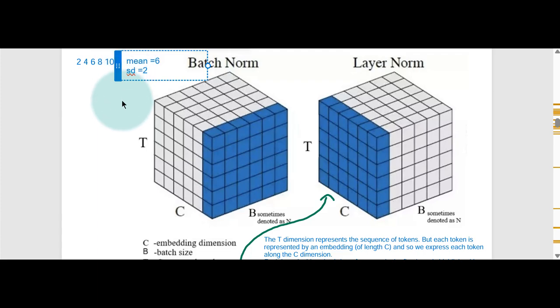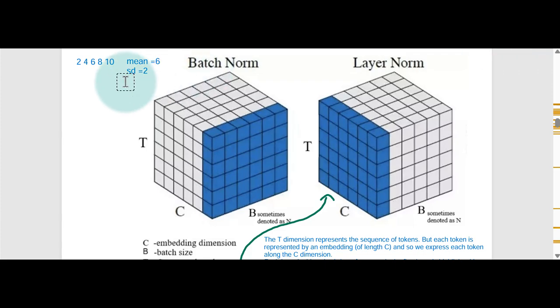So the mean is 6, and the standard deviation is 2. Then we convert this 6 to 0 because it's right in the middle, and we convert this 8 to 1 because it's 1 standard deviation above 6. The standard deviation is 2, so if you go from 6 up 2, you get to 8. This would be converted to 2 because it's 2 standard deviations. This would be converted to -1 and -2. So that's what we mean by normalizing, or that's one way to do normalization.